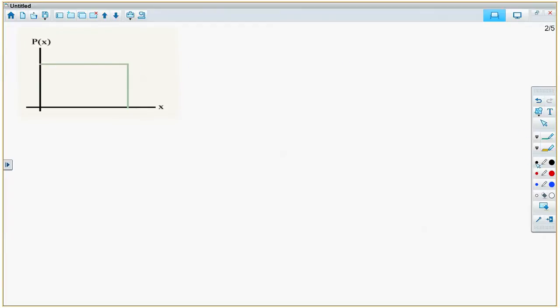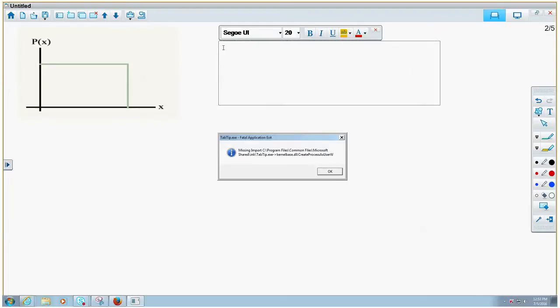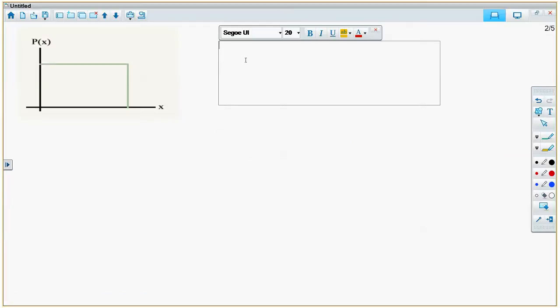Now, under the curve, and you need to write this down, and I'm going to put it in a text box here. And I've already said this.